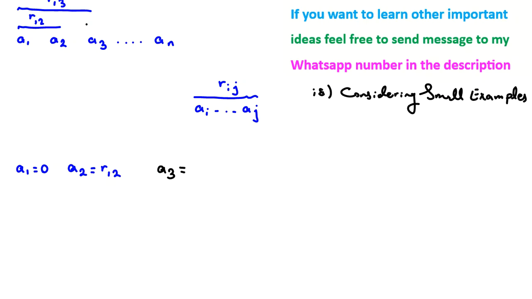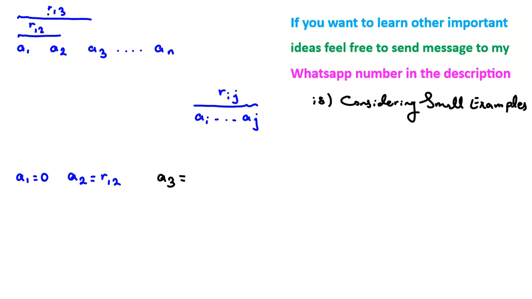I say here the difference is what? R13. So it is what? It is A1 plus R23, because we know this difference is R23. So A3 can be A1 plus R23 or A1 minus R23.